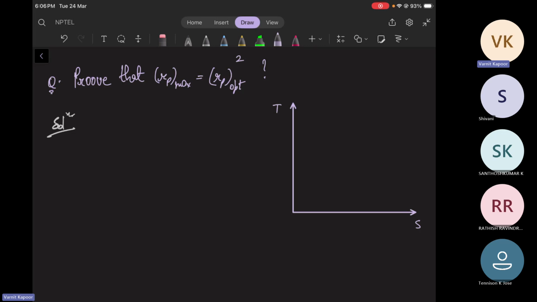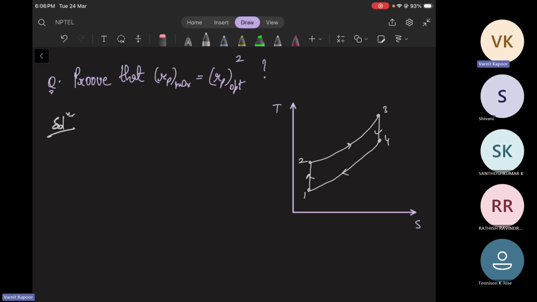We know the actual cycle looks like from 1 to 2 isentropic compression, 2 to 3 heat addition from the heat exchanger, 3 to 4 expansion, and finally heat rejection. So the cycle was 1, 2, 3, and 4.